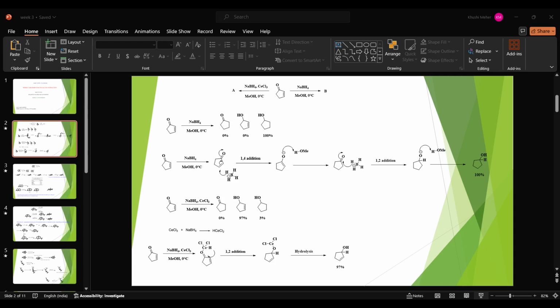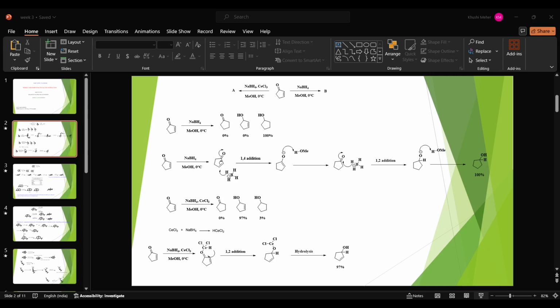Actually, what happens is that if you have cerium trichloride and sodium borohydride, first they will react and form a cerium borohydride species, and this hydride will bind to the ketone, because cerium trichloride is a Lewis acid. The Lewis acid will coordinate to the carbonyl oxygen.